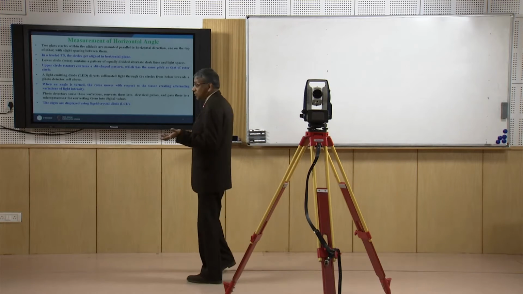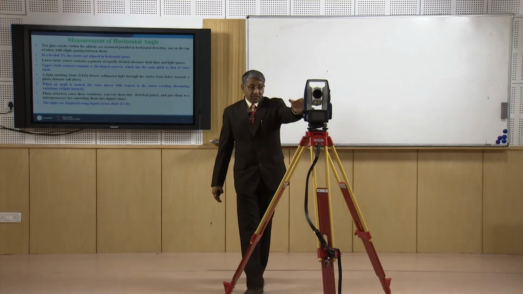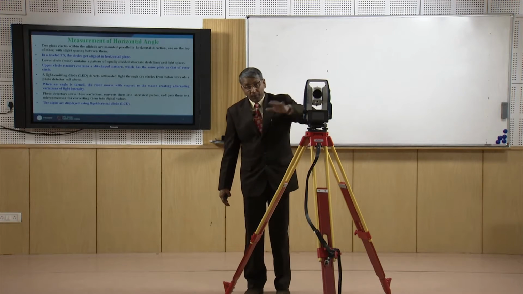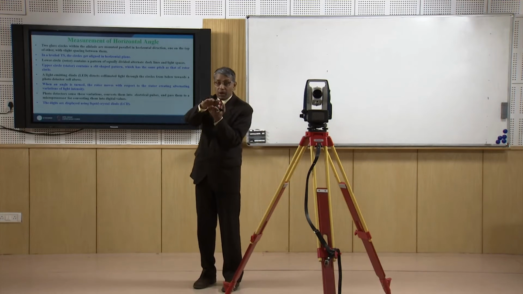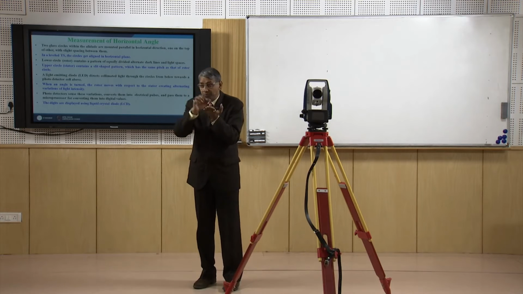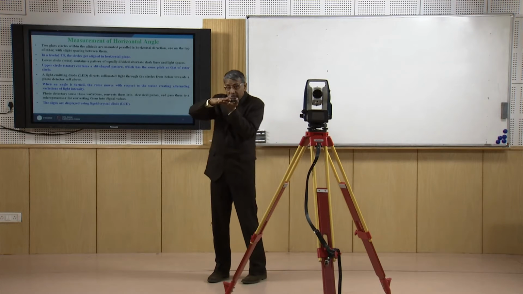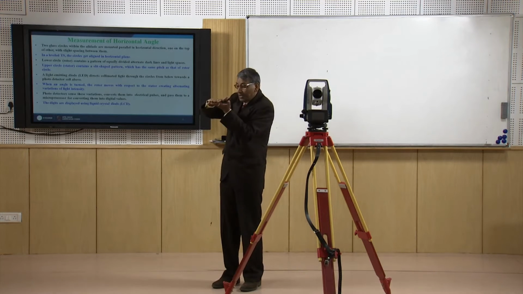Now what happens when we place this instrument properly leveled: both plates, one placed above the other with a small space between them, become horizontal.